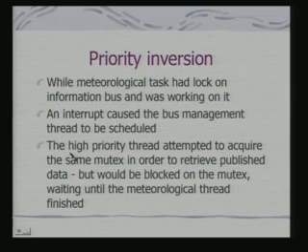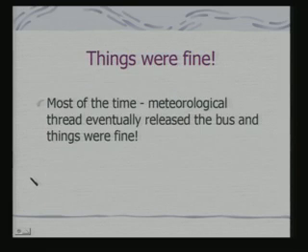The high priority thread attempted to acquire the same mutex in order to retrieve published data, but would be blocked on the mutex waiting until the meteorological thread finished, because it has now gotten exclusive access to that shared resource. So, now the priority gets inverted. But things were fine most of the time. The meteorological thread eventually released the bus, and the bus management thread got back the information bus, the shared memory, and managed the systems well.